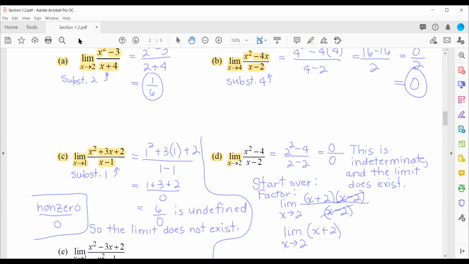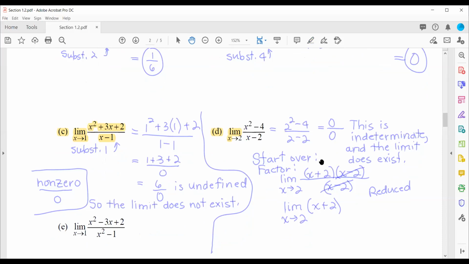All right, so I started over, I factored, I simplified or reduced my fraction, and now I substitute again to get the limit. All right, so I substitute 2 for x, 2 plus 2 is 4.